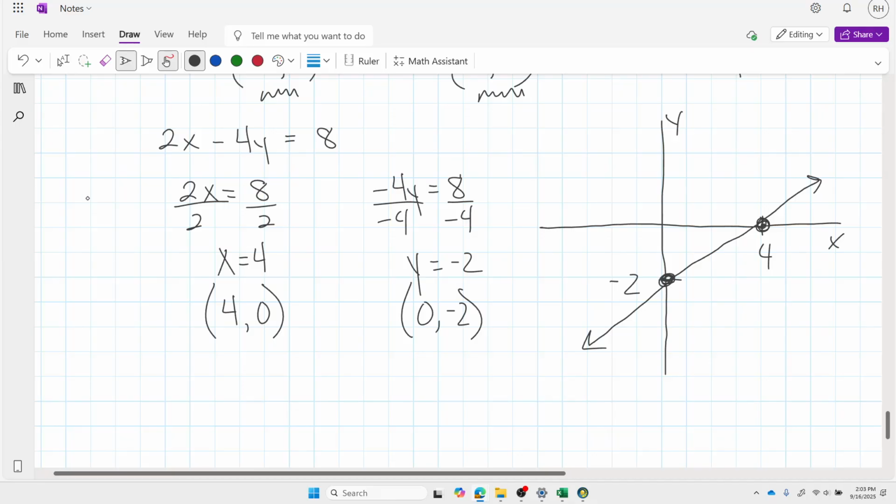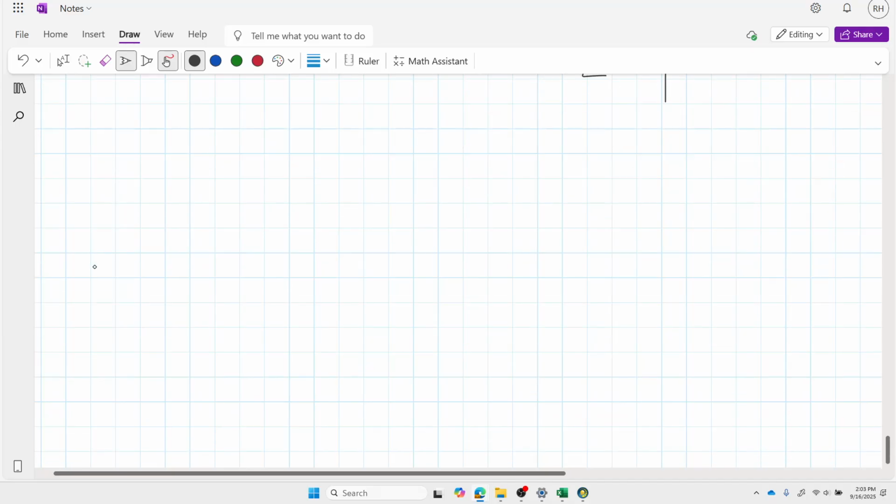All right, then the last part of the assignment is you're going to be asked to write an equation. And let's make this note first. Let's say that parallel lines have the same slope.